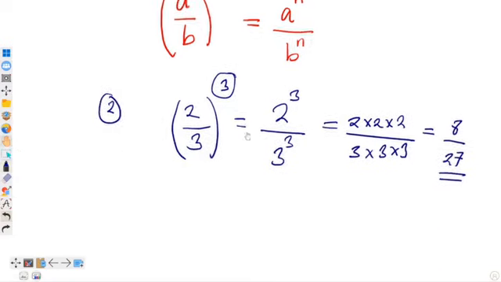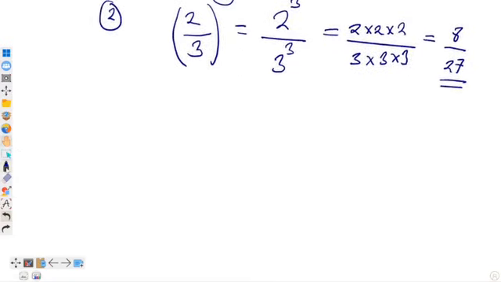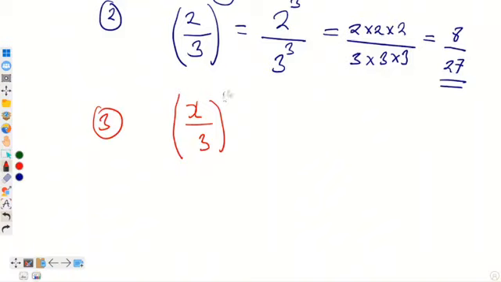Let us now look at another example. Let's say you have x over 3 to the power 2. We are just doing one and the same.